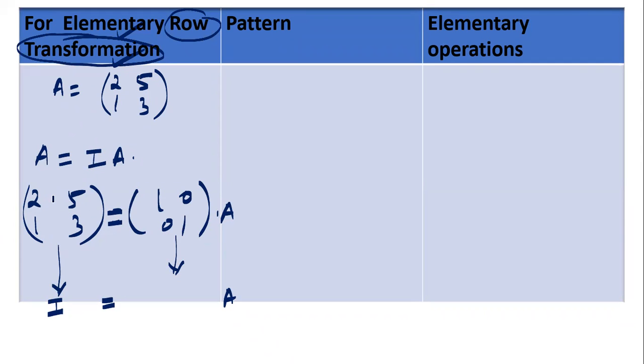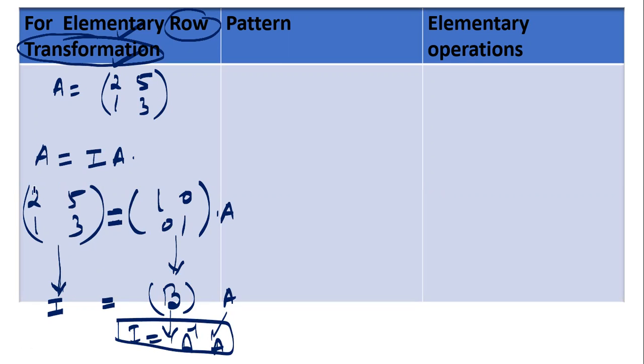To make this matrix the identity matrix, the same operation would be done on the RHS. And we will see it will become a new matrix, say B. And what is this B? This will be the inverse of the given matrix because A into A inverse is the identity matrix.